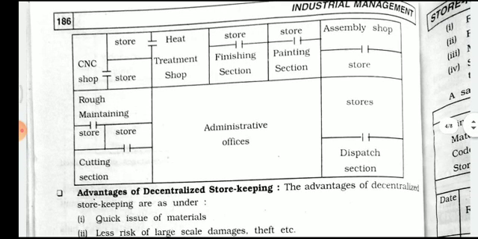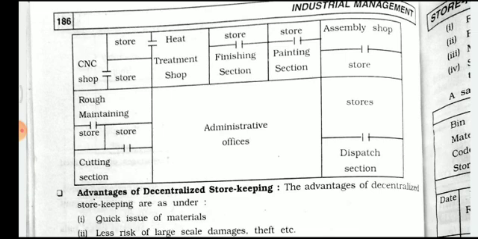So like that, cutting sections have their own store. Then rough machining also has its own store. All of these have different stores, like CNC, heat treatment, finishing, planning, assembly stores, dispatch sections.